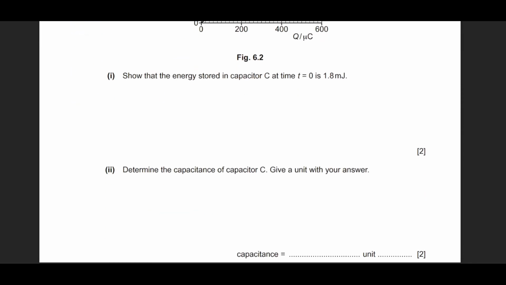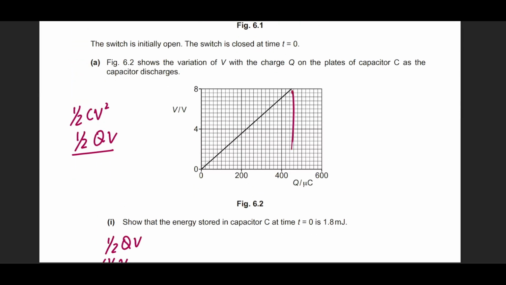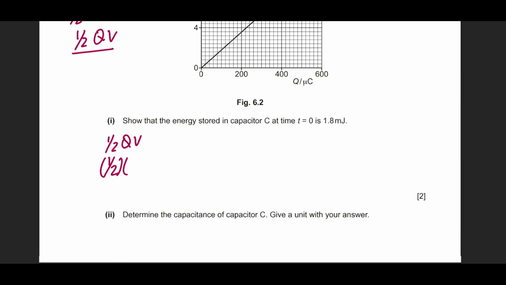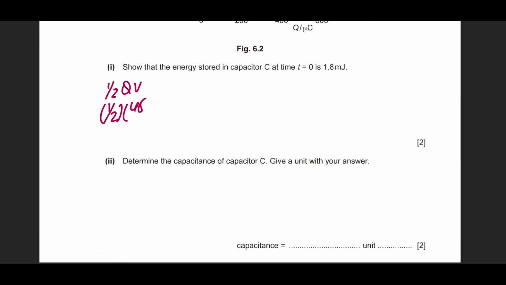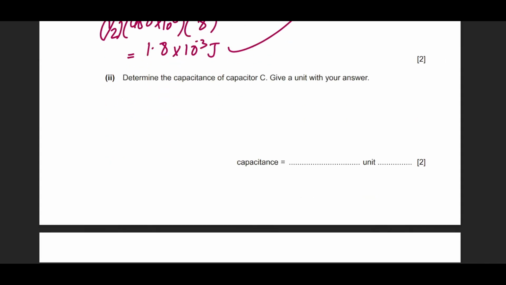Just replace the values as 1 over 2 QV, with maximum charge taken from the graph at this point and at this point. Please make sure that you count the number of boxes, and this becomes 450 into 10 raised to the minus 6 into 8, which is the voltage. So this becomes 1.8 into 10 to the minus 3 joules. So we have shown what the examiner asked us to show.